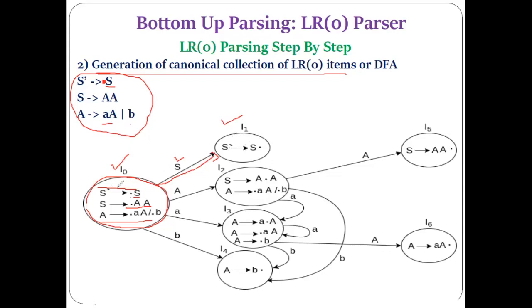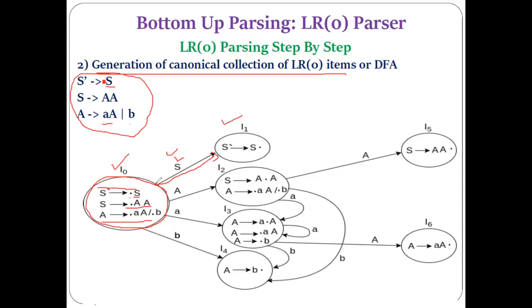So this production was S' derives dot S. Now goto is nothing but moving from one particular state to another state on a certain symbol, and moving the dot from the left of a particular symbol to the right of that symbol.